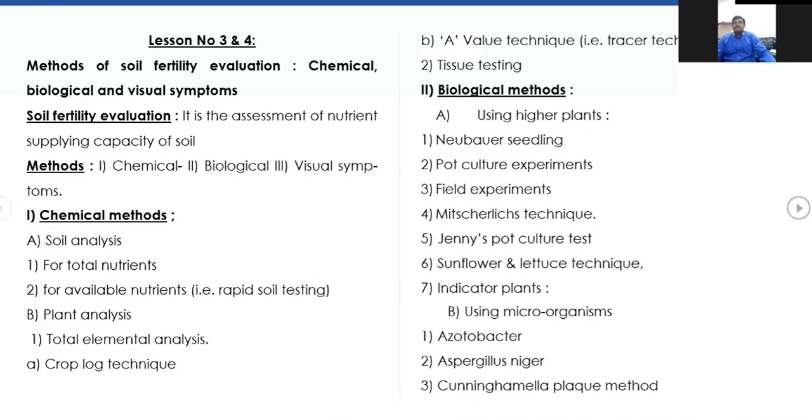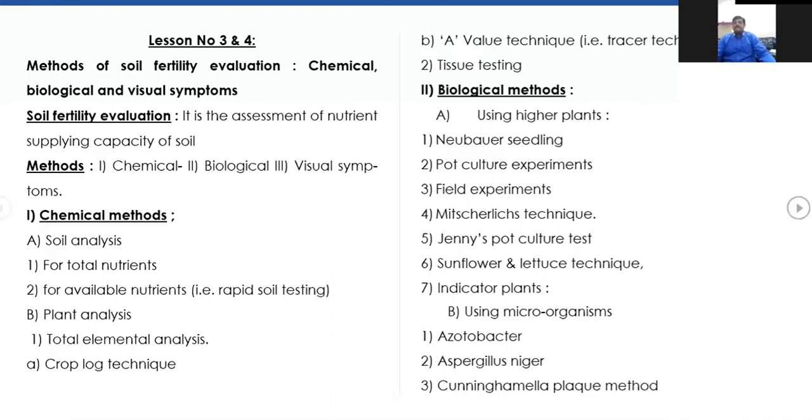Various pot culture experiments are conducted giving treatments: no treatment, known as the control, N0, P0, K0, then N50, P50, K50 as another set, then N100, P100, and K100. According to this, we assess the availability of nutrients.